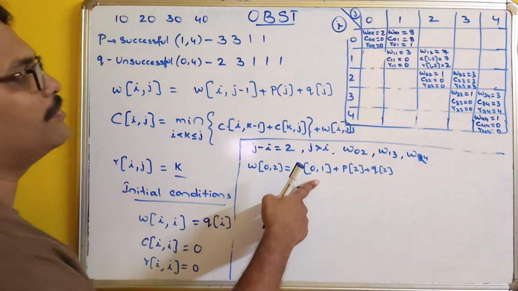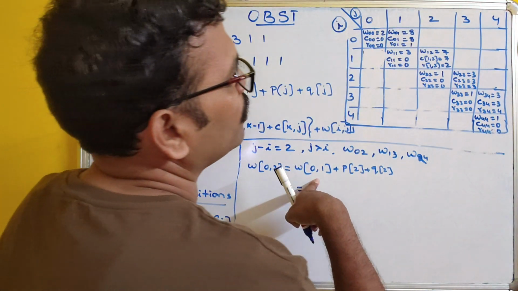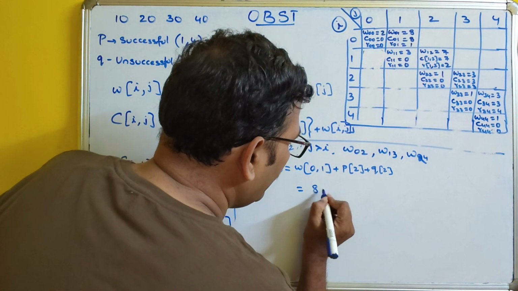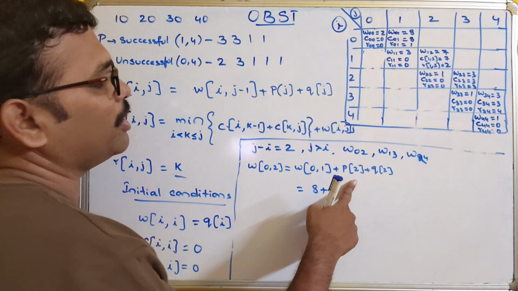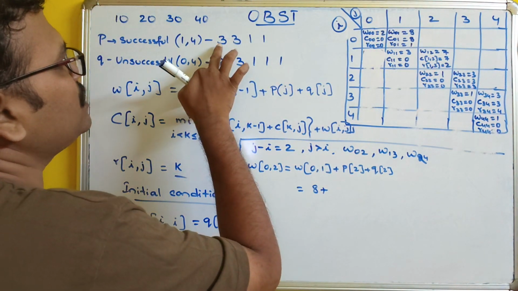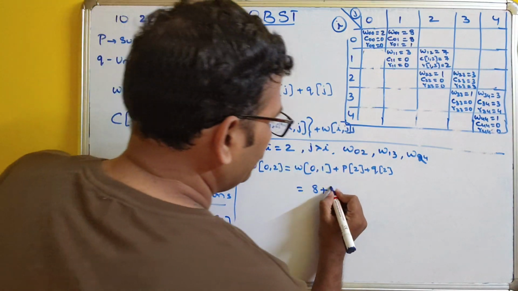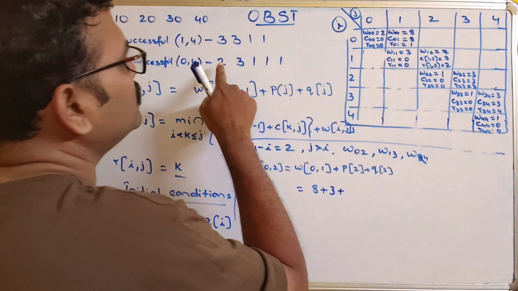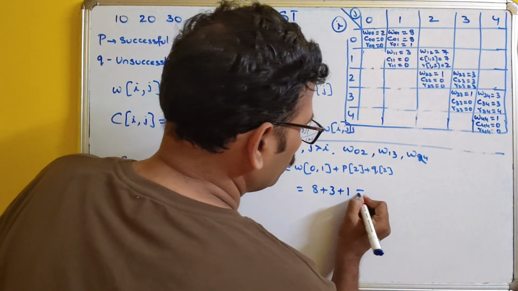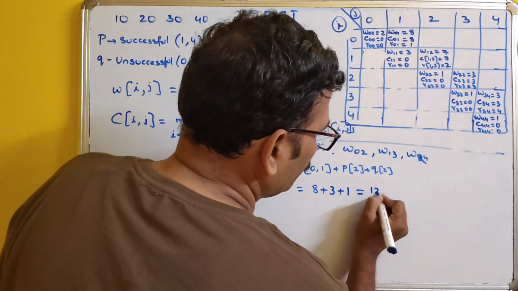W of 0, 1 is 8, plus P of 2, which is 3, plus Q of 2, which is 1. So it is 12.